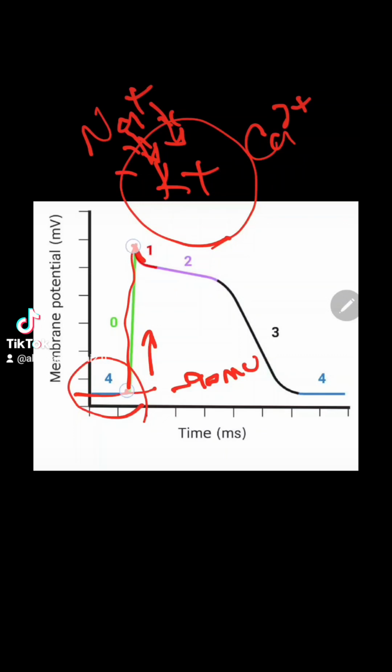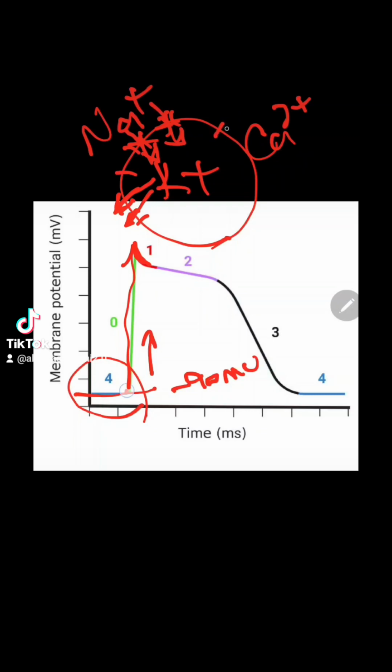Once cardiac cells have depolarized, the sodium channels close and the potassium channels open. So potassium starts pouring out of the cell to make the inside of the cell again more negative in preparation to return back to the resting state. And this will give us our notch or our early repolarization.